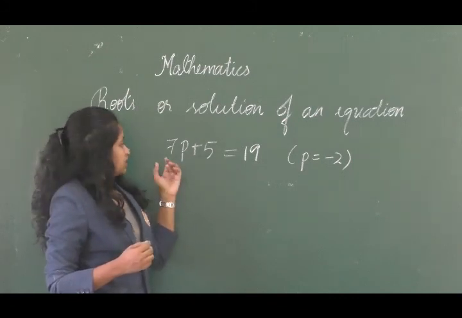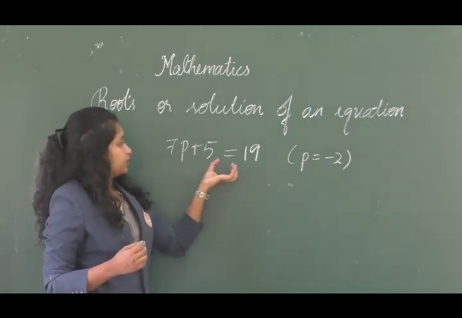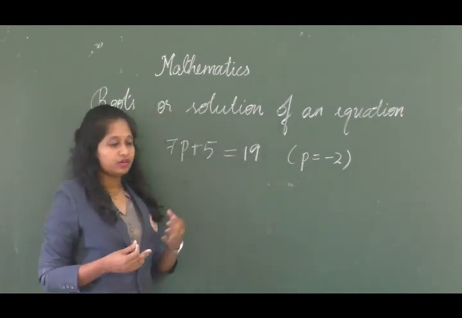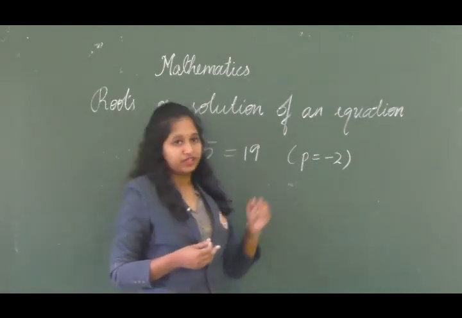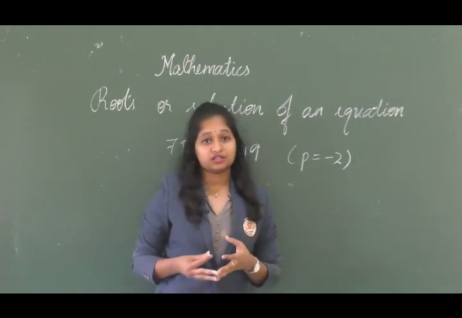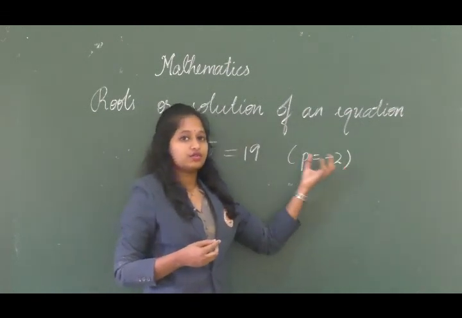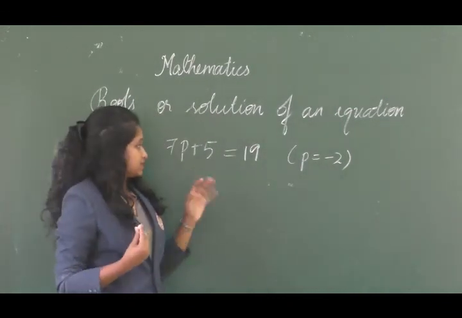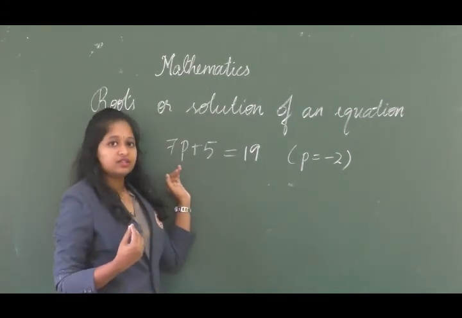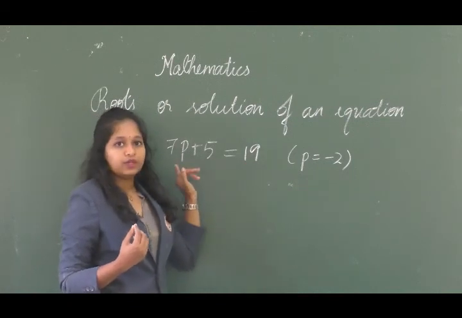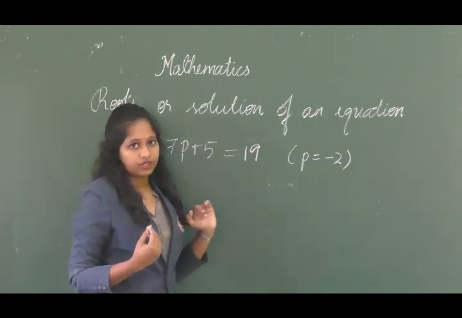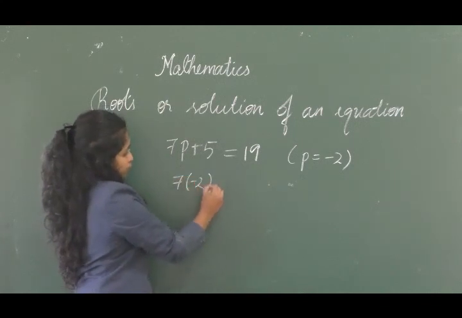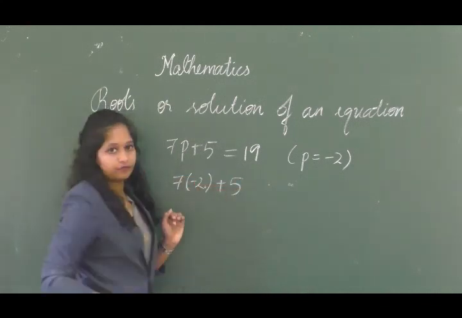So children, this is one question from exercise 7.2. The question is 7p plus 5 equal to 9, and they have given one value for p, that is minus 2. Let's check whether this solution is correct or not. How to do that? Just place minus 2 in the place of p here. Okay? So 7 into minus 2 plus 5.